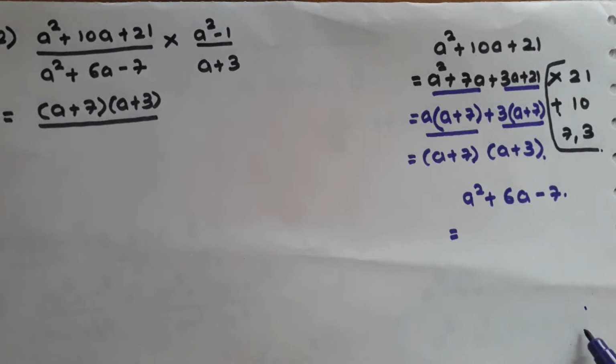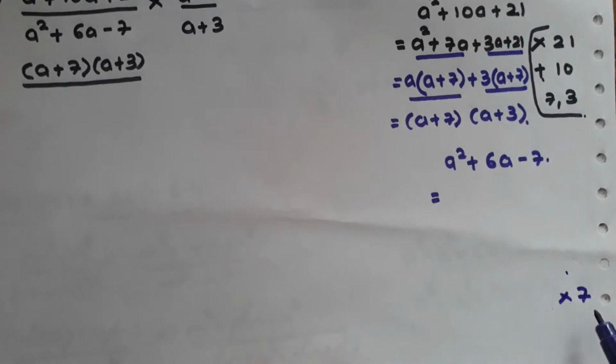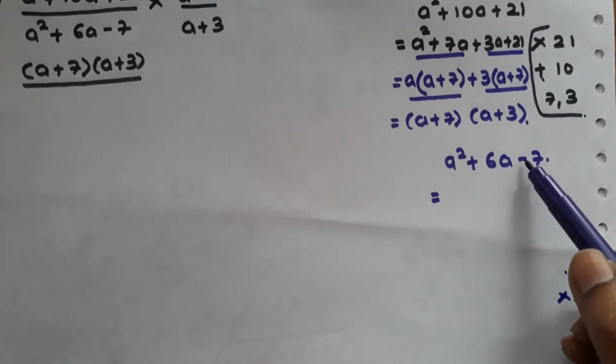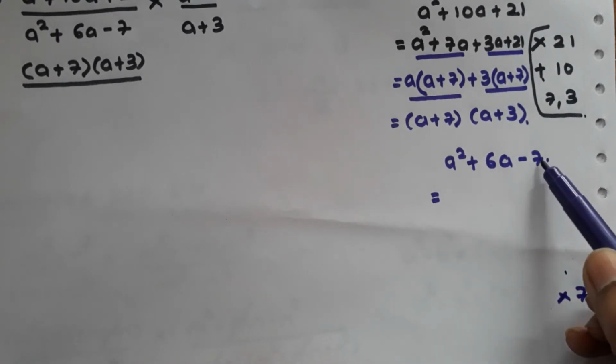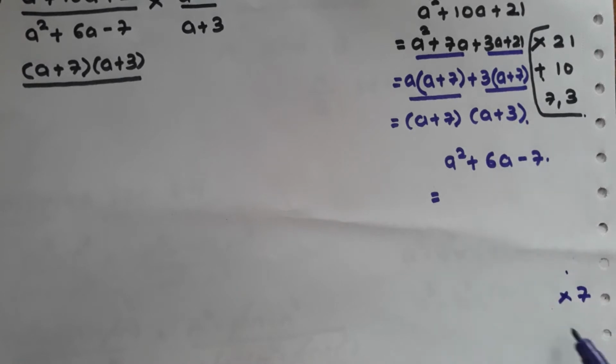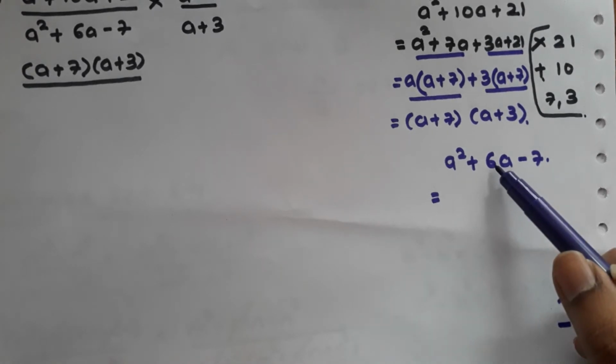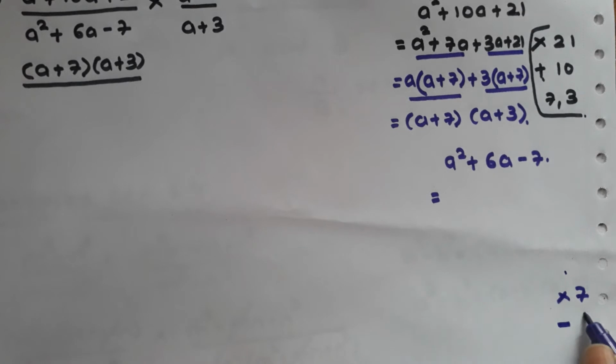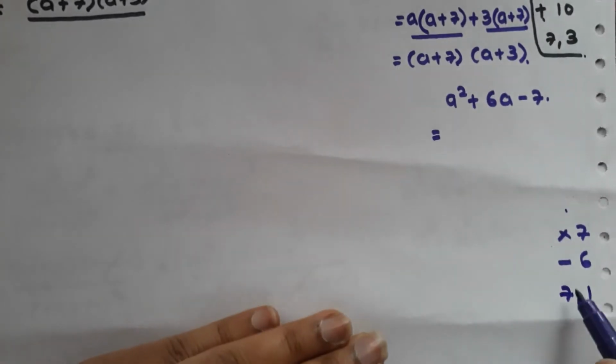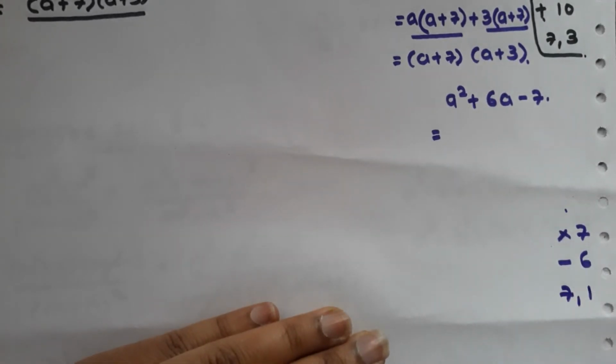So that means we have to find two numbers which on multiplying give 7. And then look for the sign between the middle term and the constant term. The sign is minus. Coefficient of the middle term is 6. Two numbers which when multiplied give 7 and which on subtracting give 6. 7 and 1. 7 ones is 7 and 7 minus 1 is 6.